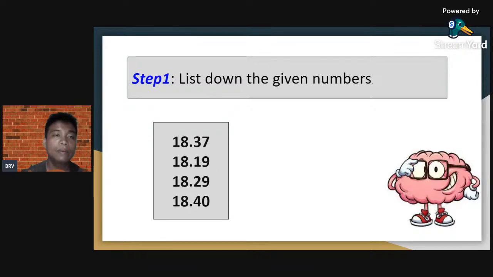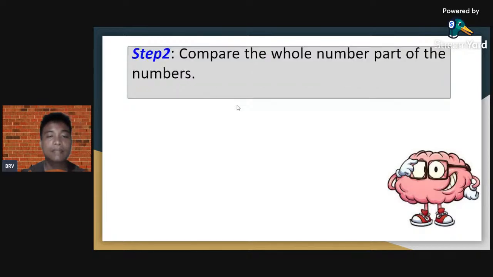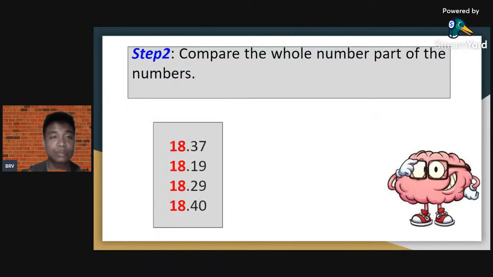Now, let's compare. First step, compare the whole number part of the numbers. Here, these 1s have the same value. Then let's move to the next digits. As we see, they still have the same value.